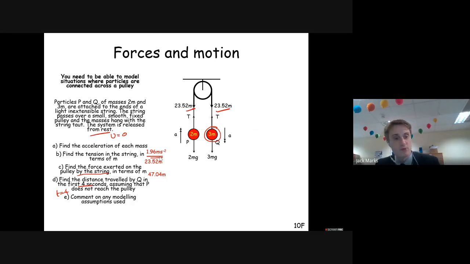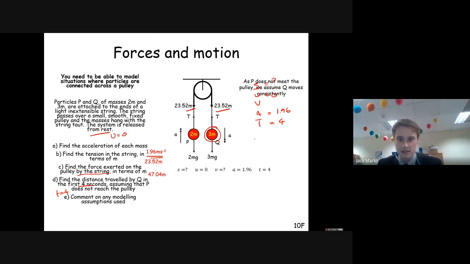And because acceleration will be the same throughout the question, and it will be constant, it is a SUVAT question. So for the last part here, find the distance. a equals 1.96, t equals 4. You can use s equals ut plus half at squared to find an answer for that one there.